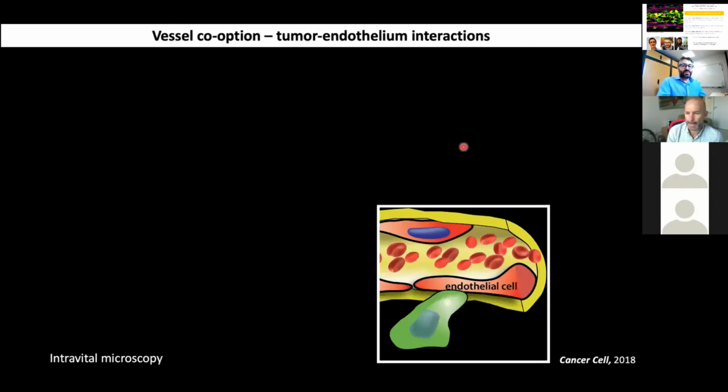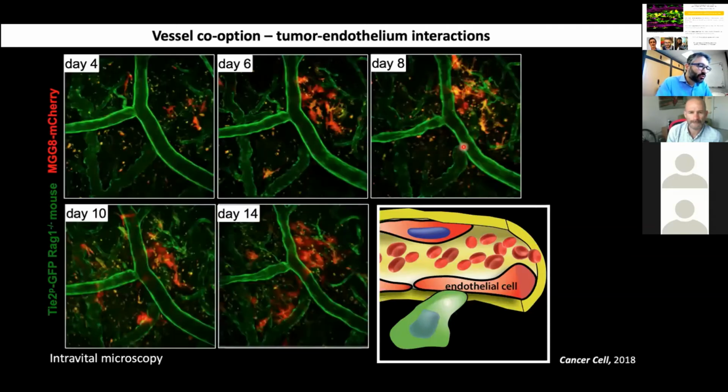The other component that is obviously important, and has been shown to be important for a resistance mechanism through endocrine factors, is endothelial cells. So for sure we also tried to analyze the relationship of tumor cells, in this case red, with endothelial cells. In this case the endothelial cells are labeled in this Rag-1 type 2 GFP mouse.